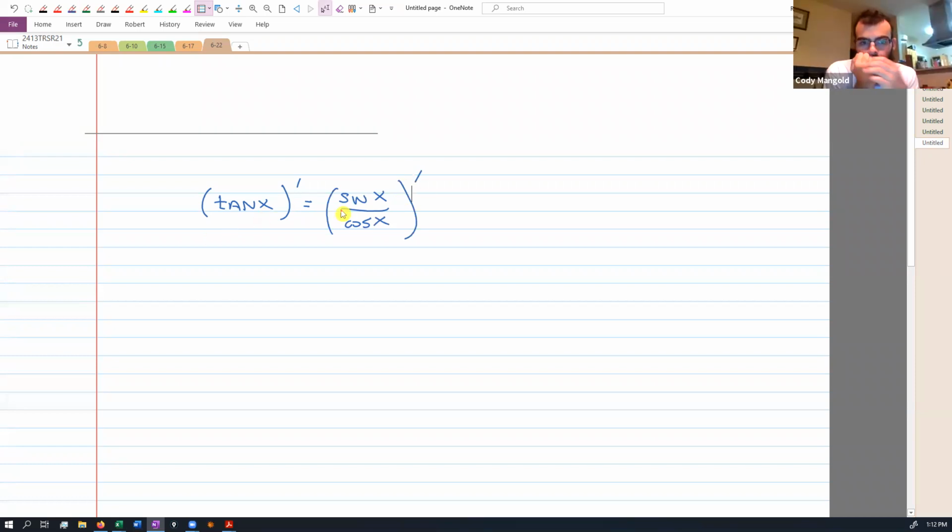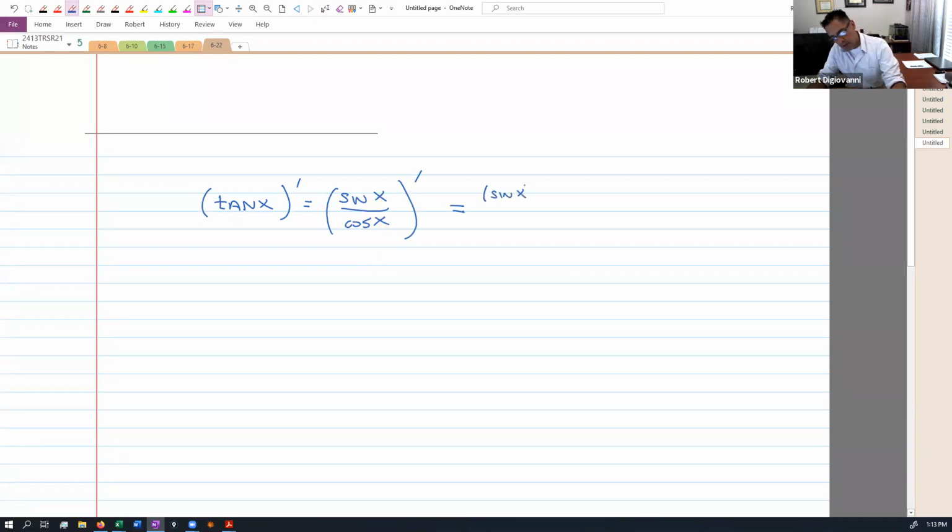But the way you could convince yourself is, if I want to know the derivative of tangent, I could rewrite tangent as sine over cosine, couldn't I? Good. Now this is not composition. This is just a quotient. So if I took the derivative of this, I would do the quotient rule, which would be the derivative of the top, sine of x, times the bottom function, minus the derivative of the bottom function times the top function, all over the bottom squared.